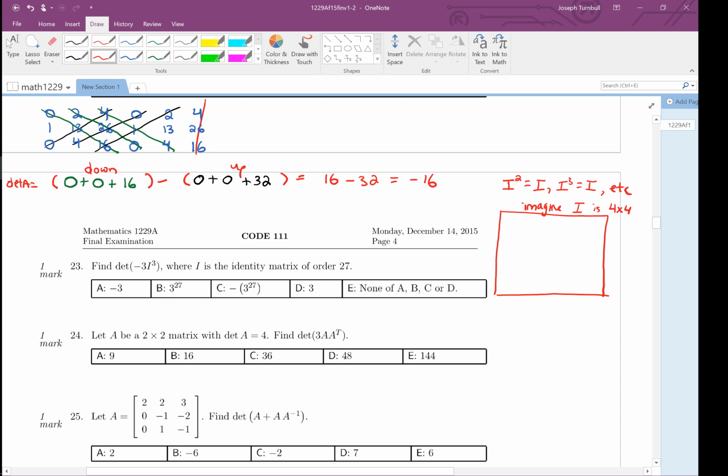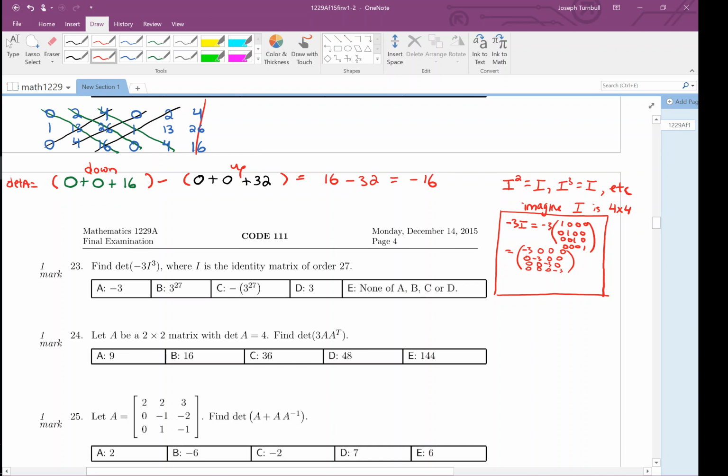Then negative 3I, if I is 4 by 4, that's going to be negative 3 multiplied by the matrix with 1s on the diagonal and 0s elsewhere, which, put the negative 3 in, gives negative 3 on the diagonal and 0s elsewhere.